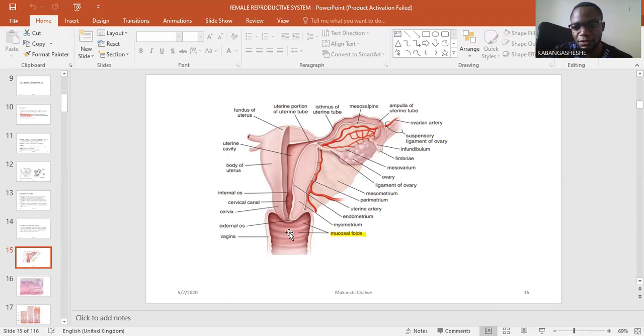When there's no food in the stomach, it shrinks, so the volume is smaller. Same with the bladder. If there's urine, the bladder stretches. If there's no urine, the bladder constricts. The same happens with the vagina. The vagina can expand or constrict depending on what is taking place.